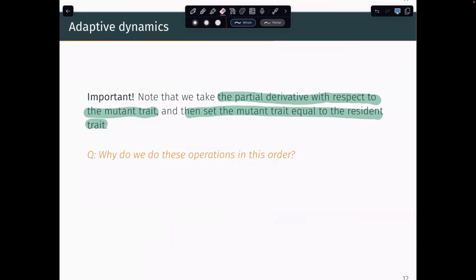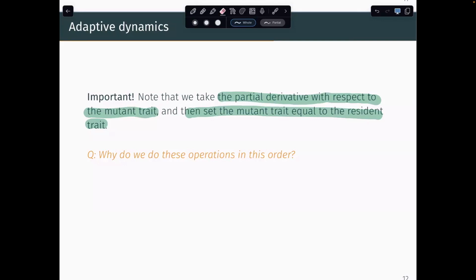That's why it features in the invasion fitness. We take the derivative of our invasion fitness with respect to the mutant trait because we care about the mutant trait invading. Is the mutant having a slightly higher or slightly lower trait value than our resident population? Therefore, it's the gradient with respect to the mutant that matters.